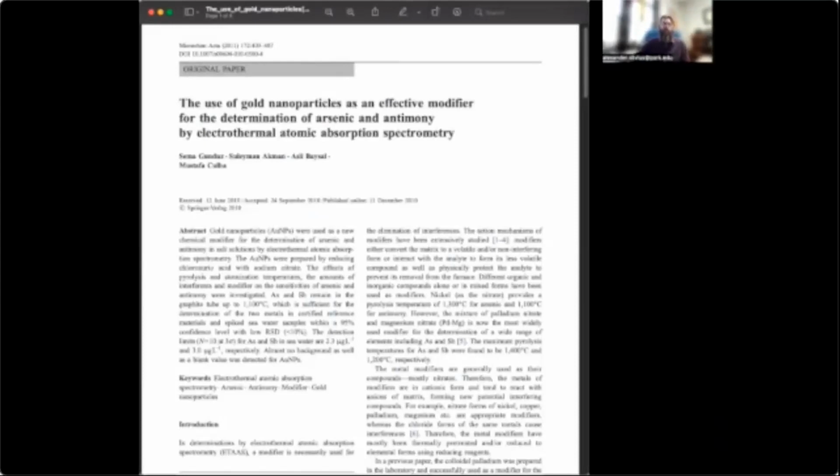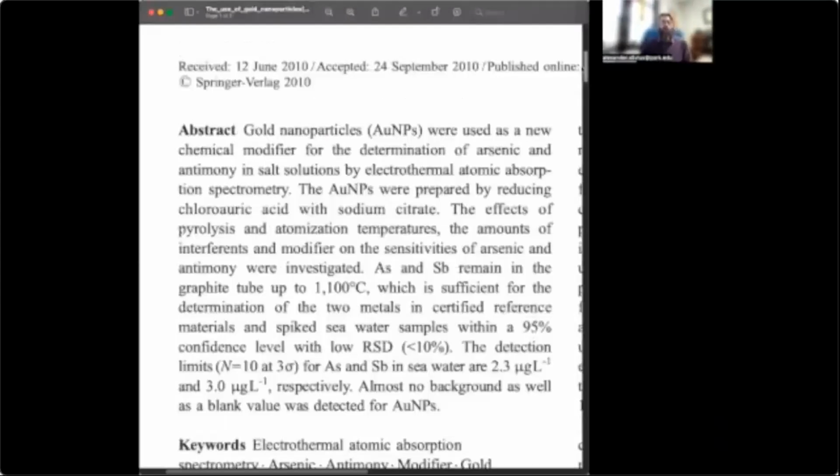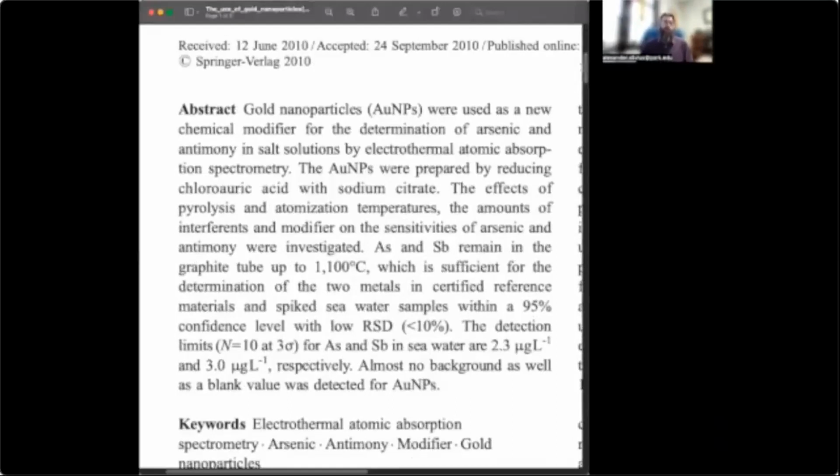So in the abstract, which is what we will zoom in on now, here we have the abstract. Gold nanoparticles, or AuNPs, so Au being the chemical symbol for gold, and nanoparticles.